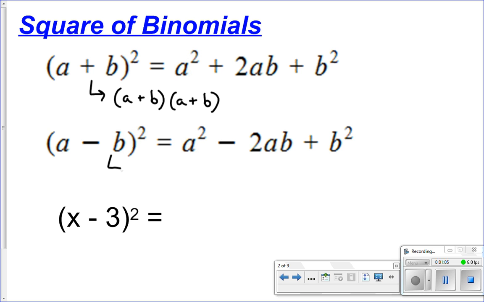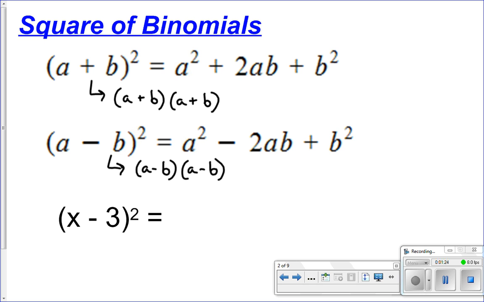Same thing down here. Write this as (a - b) times (a - b), and then work that out as well. You'll get the same answer. Just sometimes there are shortcuts in math that you can take with certain situations, and this is one of them.